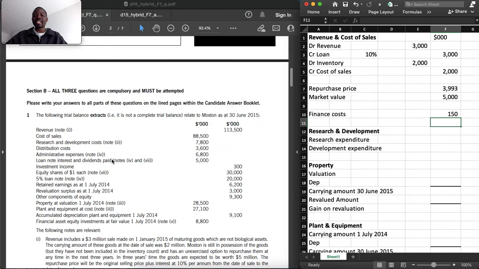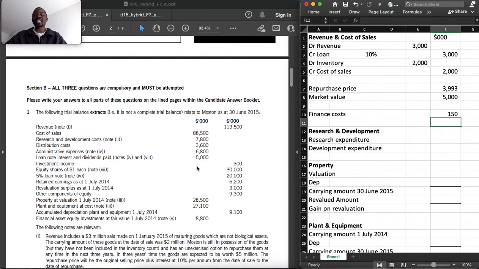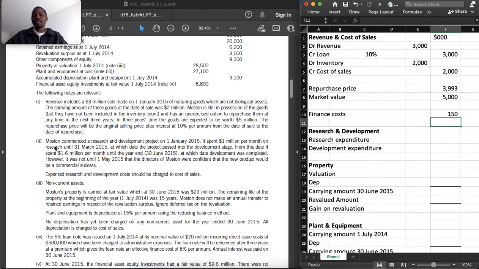Note number 2 relates to this research and development of 7,800. Moston commenced a research and development project on 1 January 2015. That is this year. It spent 1 million per month on research until 31 March. So January, February, March spent 3,000.